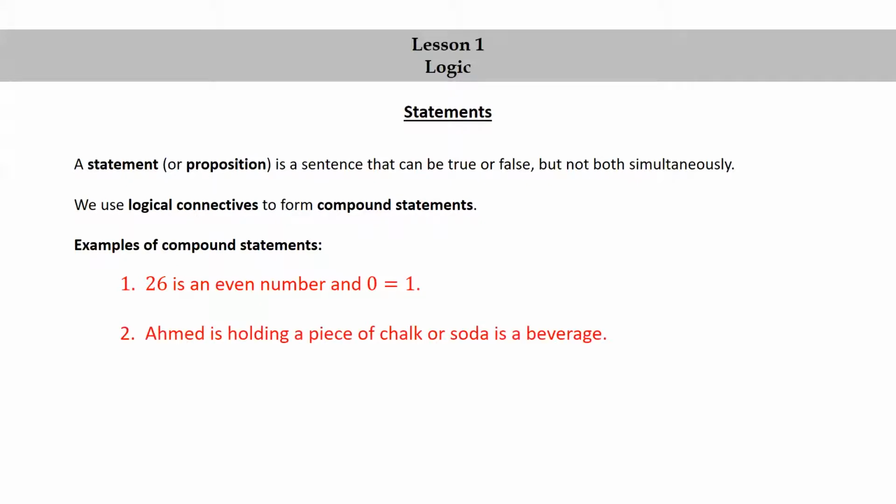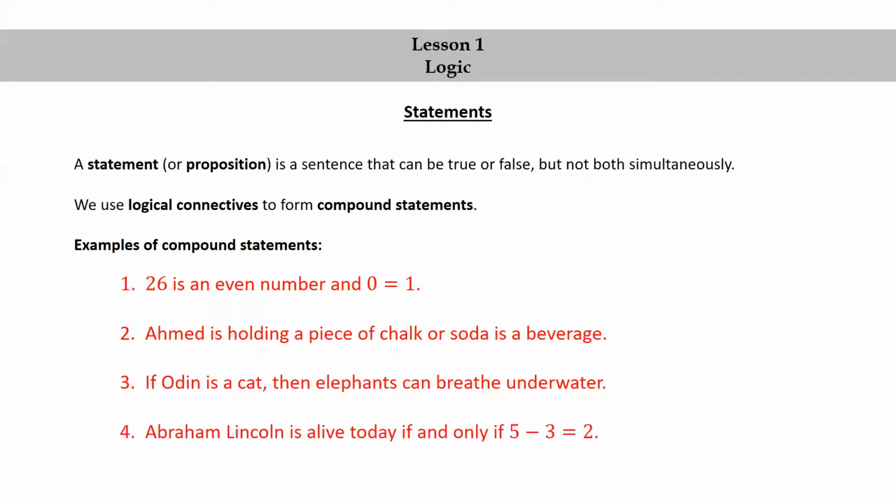Ahmed is holding a piece of chalk, or soda is a beverage. If Odin is a cat, then elephants can breathe underwater. Abraham Lincoln is alive today, if and only if 5 minus 3 is equal to 2. 11 is not a prime number.